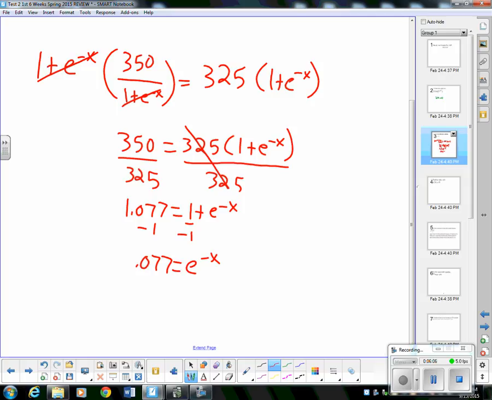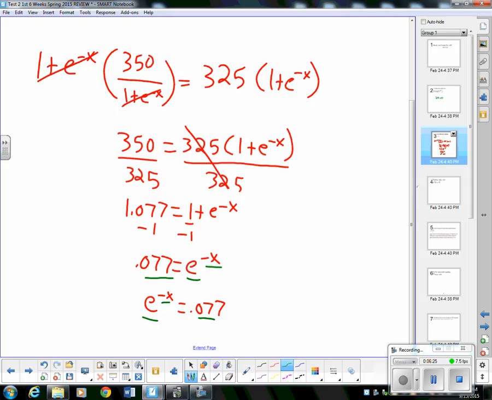So now I have a base power equals answer. But some of y'all have trouble seeing it like that. I'm just going to rearrange it. E to the negative x is 0.077. Again, base power is equal to answer.